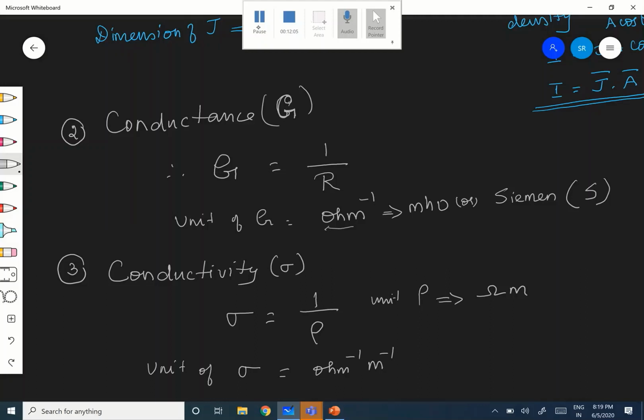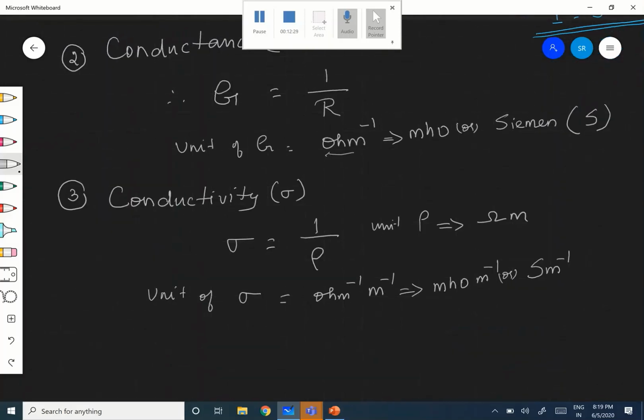It can also be mho per meter, I told you this is M-H-O, or Siemen per meter, that is S m power minus 1. Therefore, what is the dimension of electrical conductivity?